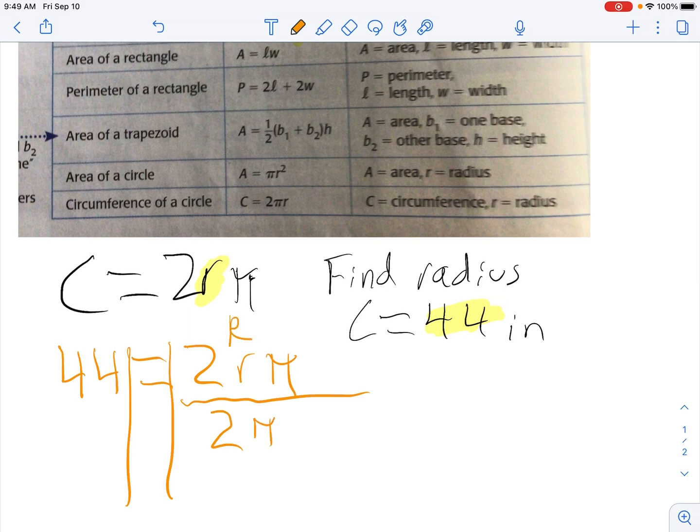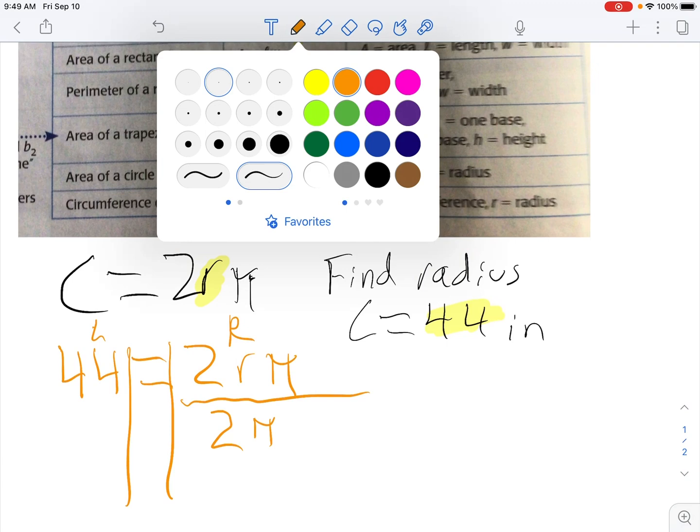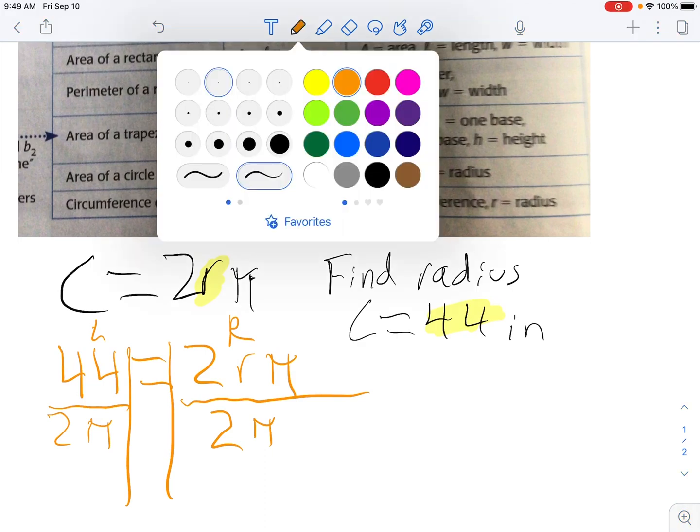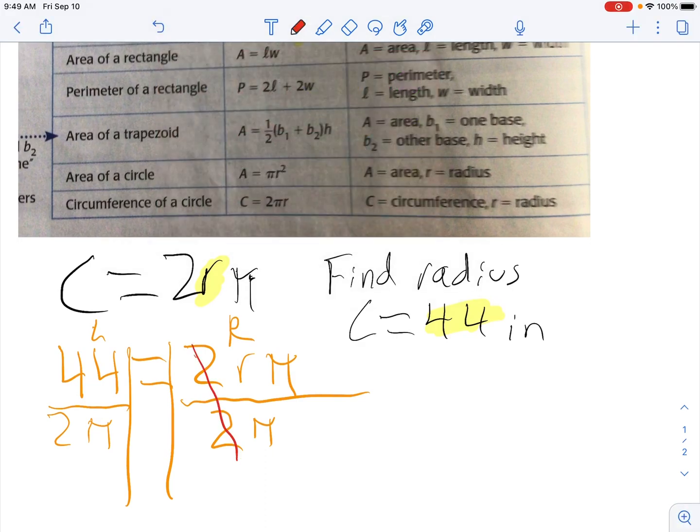Now, my goal is to get r by itself, so I need to divide by 2 pi on the right side. And anything I do on the right side, I also have to do on the left side. Just a reminder, if you have something on the top and on the bottom, it cancels out, which means we are just left with r.